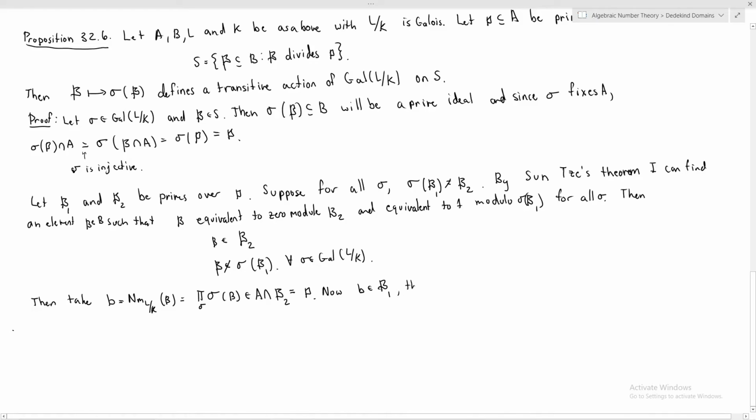Thus, since B1 is prime, if I view b as the product of these Galois conjugates, I see that one of the Galois conjugates has to lie in B1. But then we're going to get a contradiction.